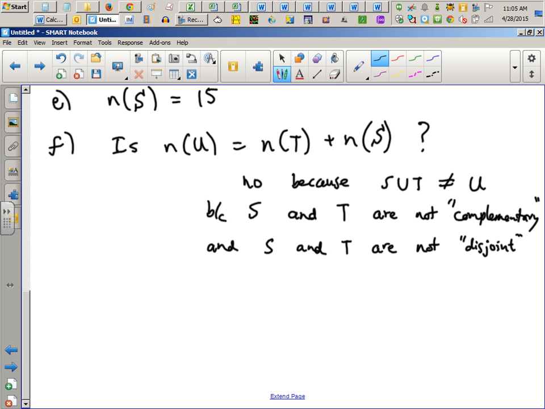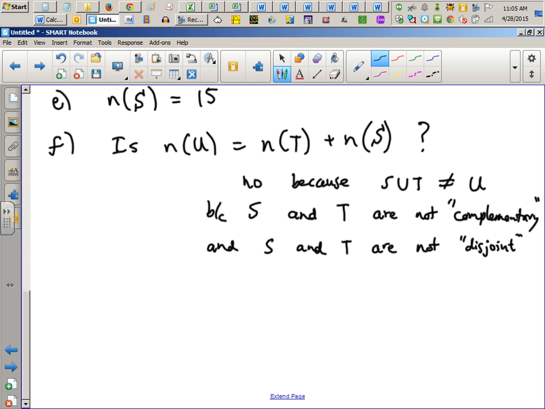That just means there's overlap. So even if everyone in this classroom was involved in at least AP Bio or sports, that doesn't mean I can add the sports to the bio to get the classroom. It's not going to work because of those overlaps.